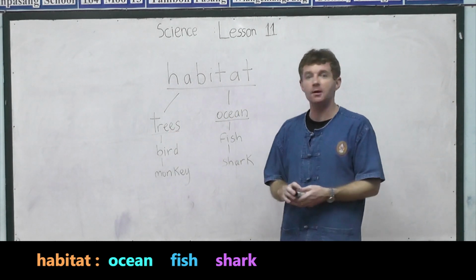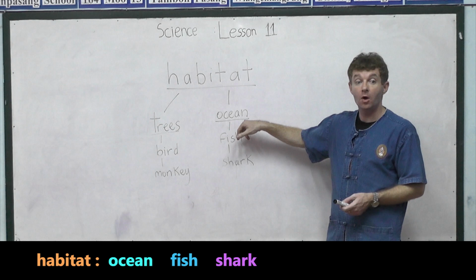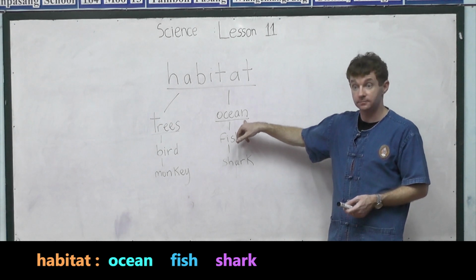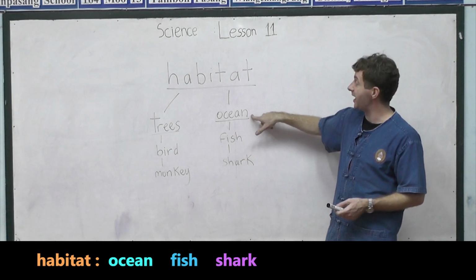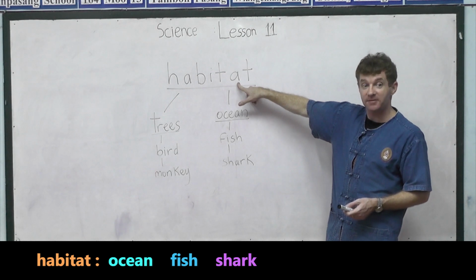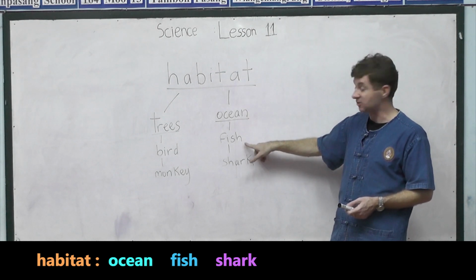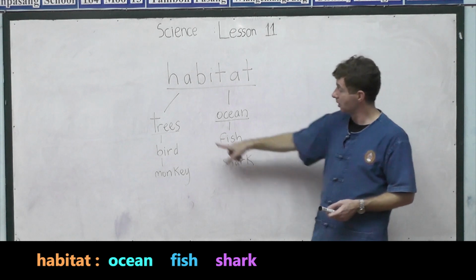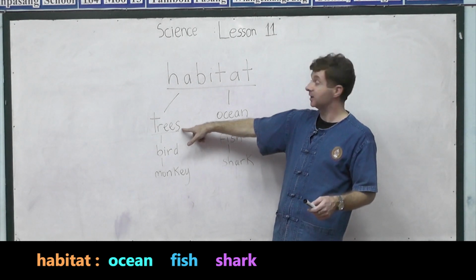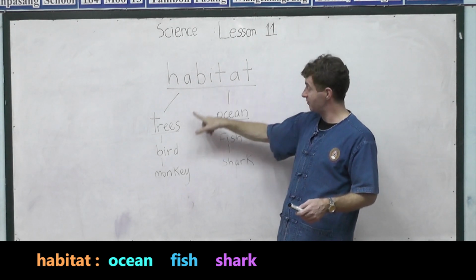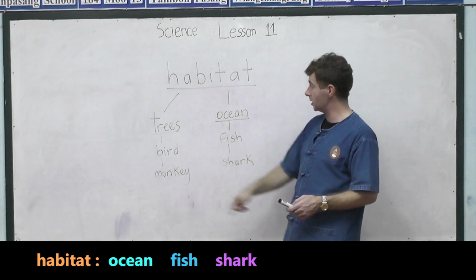Lots of different animals live in the ocean. Ocean is a habitat for fish and sharks. Trees is a habitat for birds and monkeys.